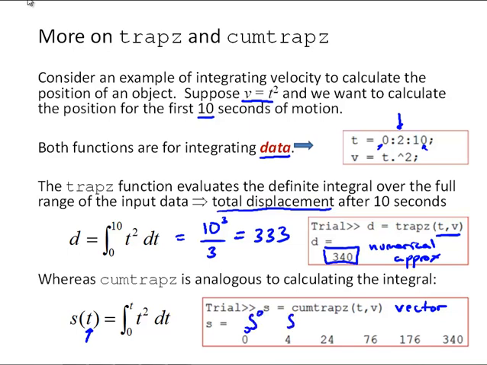The second one would be the integral from 0 to 2. The third would be the integral from 0 to 4, 0 to 6, 0 to 8, and finally 0 to 10. And you'll note that that last result, 340, is the same as the result 340 that we had for just trapz.